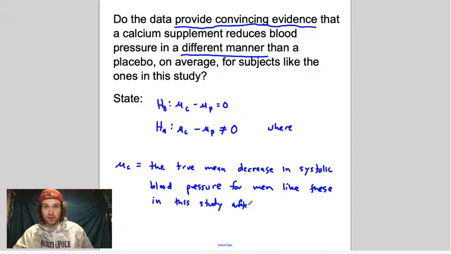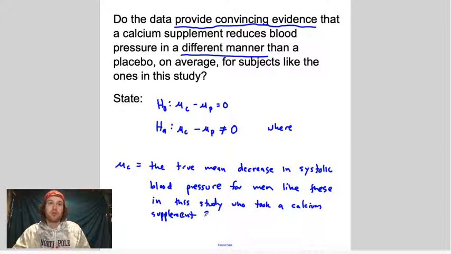who took a calcium supplement for 12 weeks.